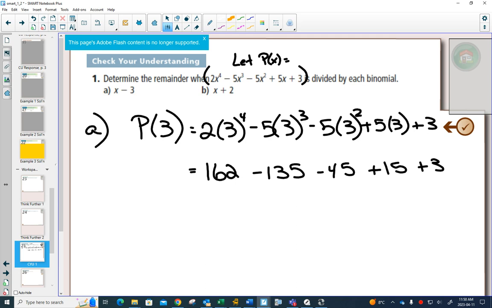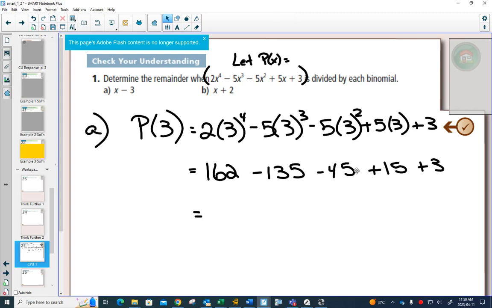And now we have a little bit of mental math for subtracting. Most people, when they would have to do this, would start with 162, then subtract 135, take a couple moments, get an answer, then subtract 45, take moments, get an answer, then add 15, then add 3. Adding and subtracting, you don't have to do that way.